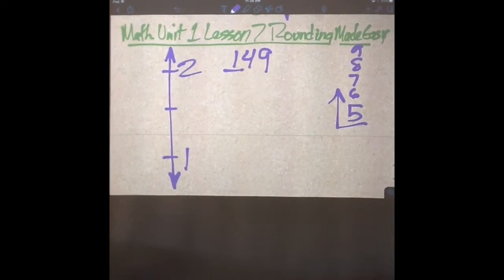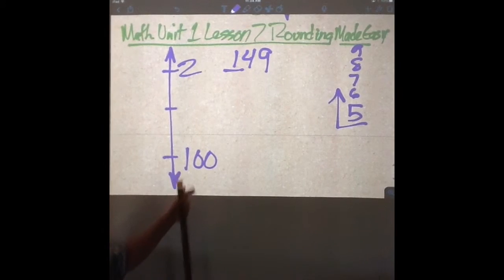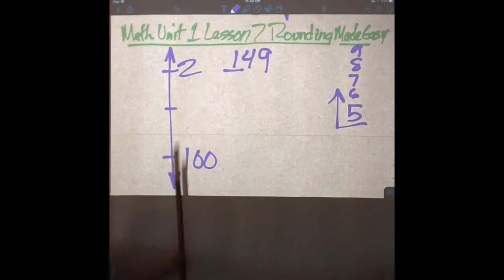Okay? Now what did I say we're rounding to? Nearest hundred. How many zeros does 100 have? 2. Okay, so let's put those on the bottom. Boom. Got it. What do we do with that top number right there? We put 2 zeros, right.